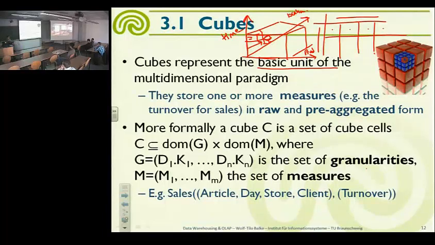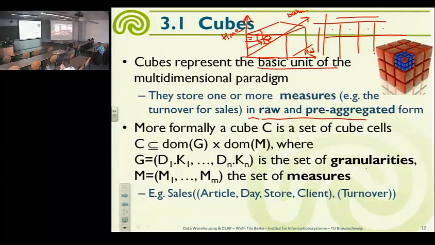Or you might want to look at a certain month for a certain article, but over all the different branches that you have, for instance, in Germany. Or you might want to zoom in on a certain part in Germany. And this way, the cells themselves are also small cubes that hold different values according to the different dimensions that you have.